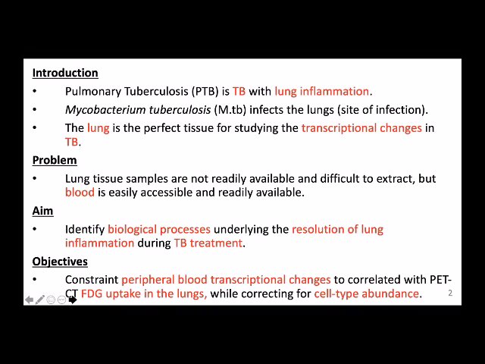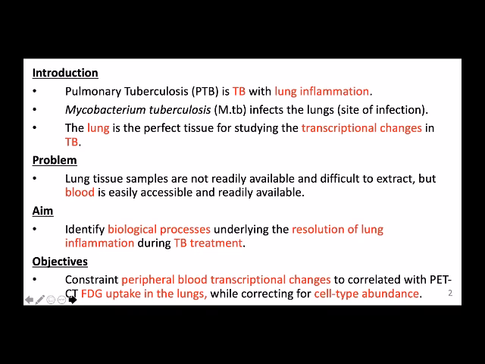The problem in this project is that lung tissue samples are not readily available and difficult to extract, but blood is easily accessible and readily available. So our aim for this project was to identify biological processes underlying the resolution of lung inflammation during TB treatment.